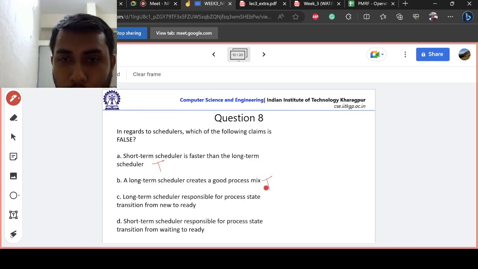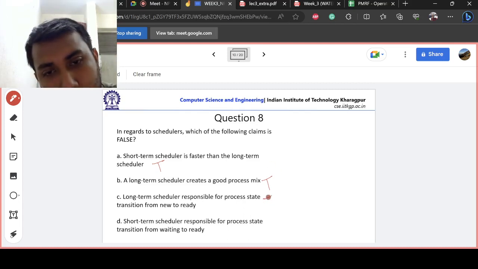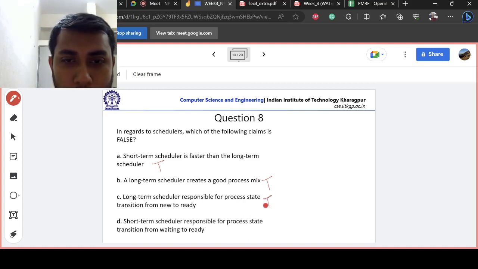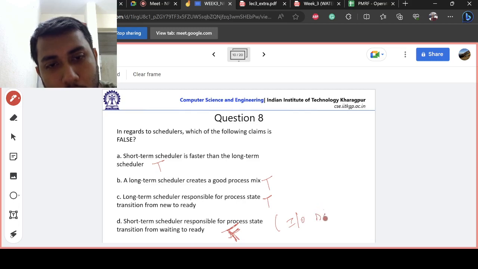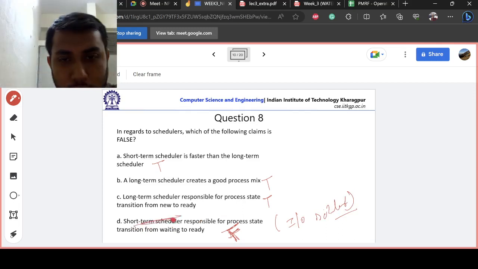Long-term scheduler is responsible for process state transition from new to ready. That is also true. And short-term scheduler is responsible for process state transition from waiting to ready. No, that is false. This job is of the IO schedulers. It is not for short-term schedulers, it is for IO schedulers.